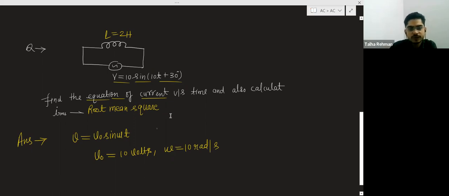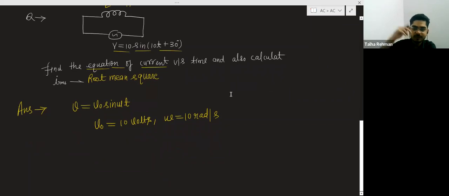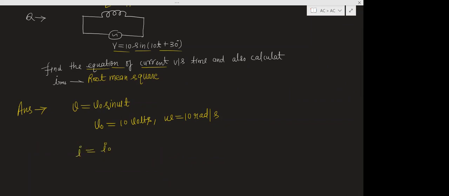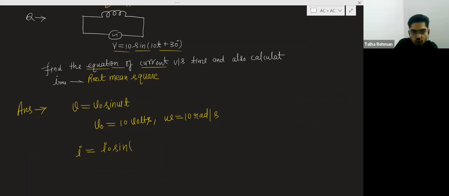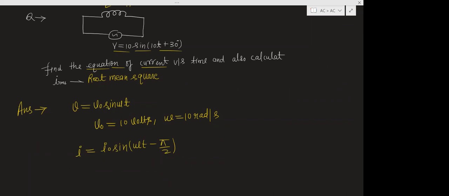Now we want the equation of the current versus time. So tell me, what is the equation of the current? I is equal to I naught sine omega t minus pi by 2. This is the equation of the current we have.